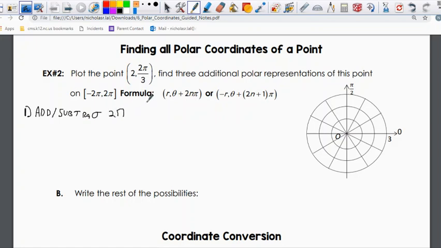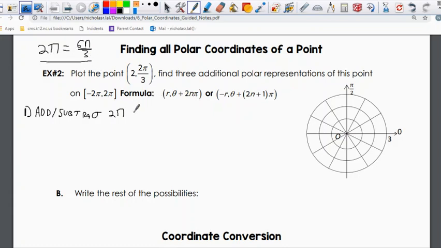So you can have polar coordinates, and remember, if you have a denominator of 3, 2 pi is equal to 6 pi over 3. Keep that in mind.